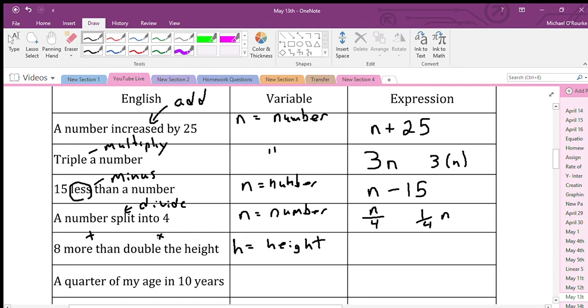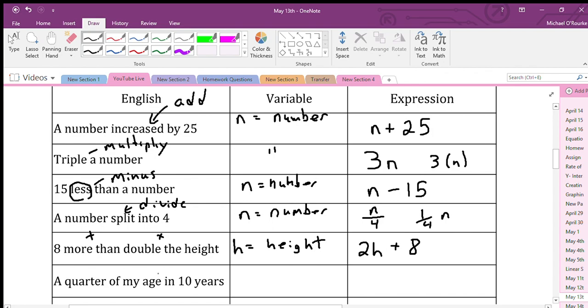Double is going to be a multiplication. We're doubling the height, so let's go double the height first. Double the height is going to be 2h. Then 8 more is going to be plus 8. So we double the height, then add 8.